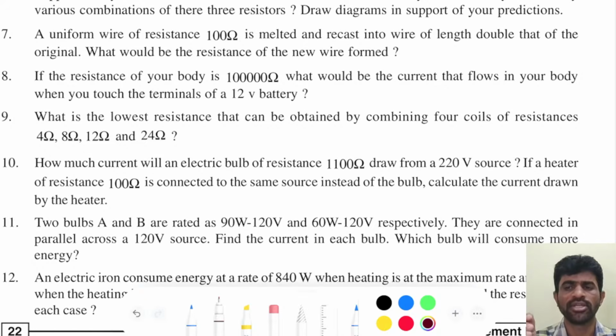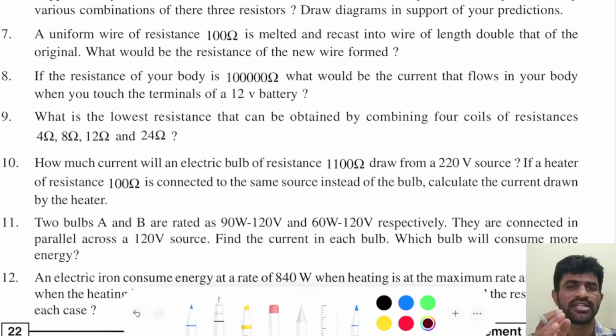So it is going to be 12 into 10 to the power of minus 5 amperes. You can find out like that.